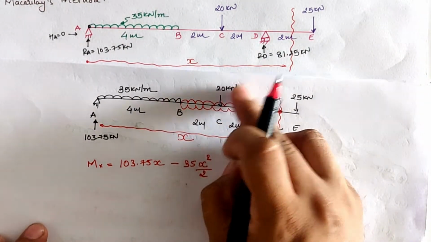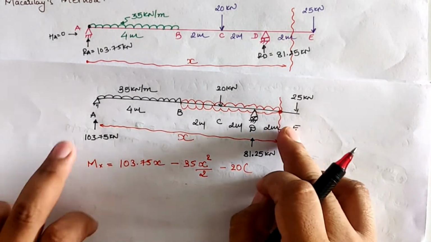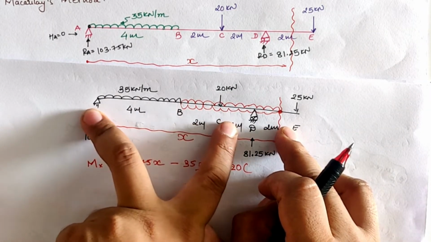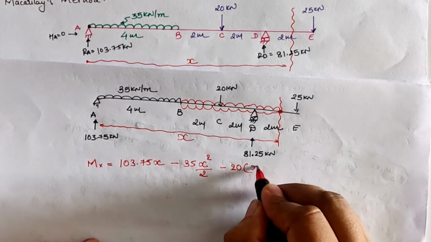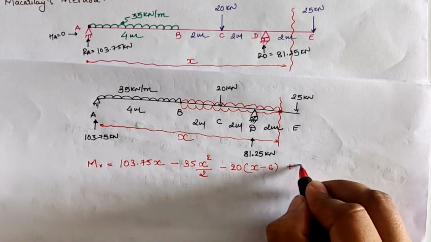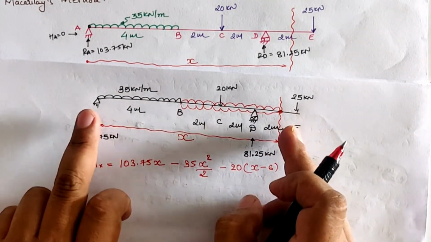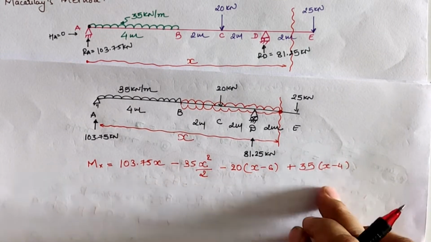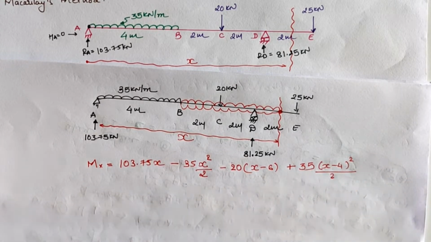Now 20 kN also creates anticlockwise moment, so it is minus 20 into total value is x, and 20 kN is at 6 meter from the location A, so from section it is total x minus 6 meter. Upward UDL creates clockwise moment, so it is positive 35 as UDL value, distance is total x minus 4, and CG distance is x minus 4 by 2, so it is (x minus 4) square by 2.